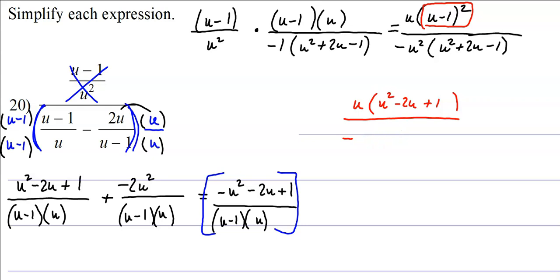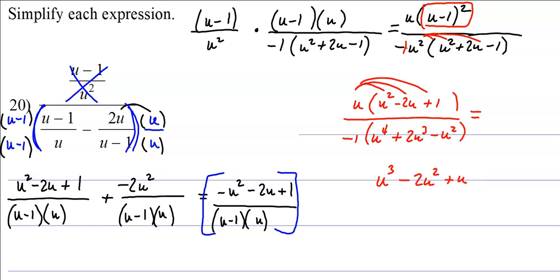Actually, I might just leave that negative 1 out front for right now and just do the u squared piece. So u to the 4th plus 2u to the 3rd minus u squared. And then distribute the negative 1 through and distribute the top. Holy crap. I've lost interest in this problem. U to the 3rd minus 2u squared plus u.